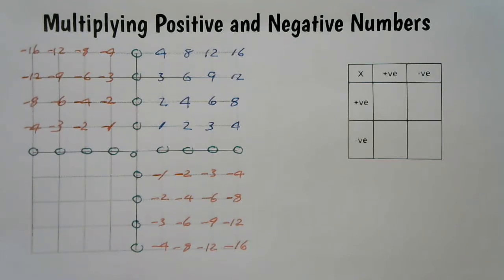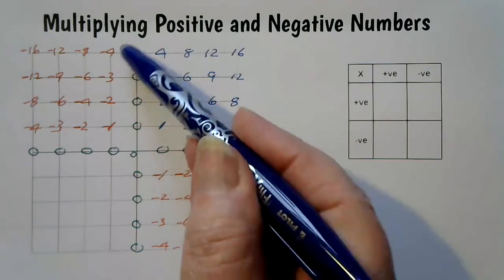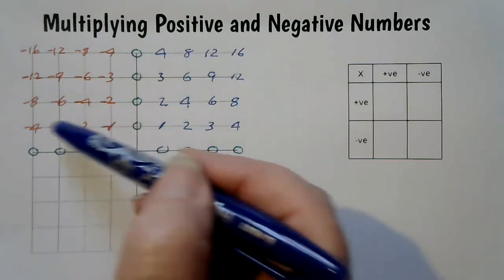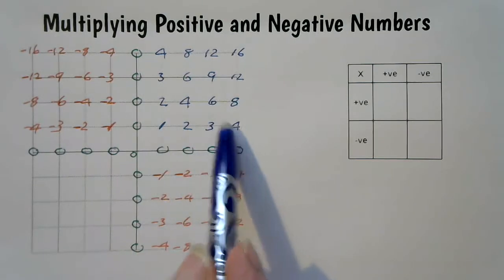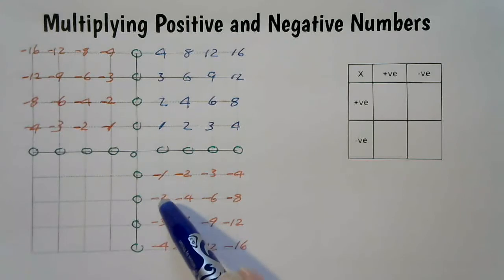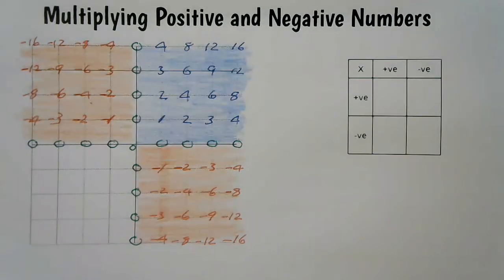The digits are simply reflected in the axes across, but here positive, negative and negative. Okay, I'm going to colour those in now so you can see it a little bit better. Okay, so it looks like I'm not very good at colouring things in.